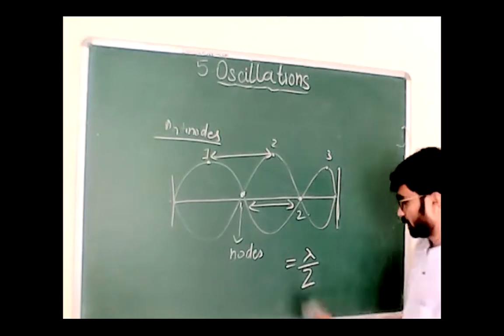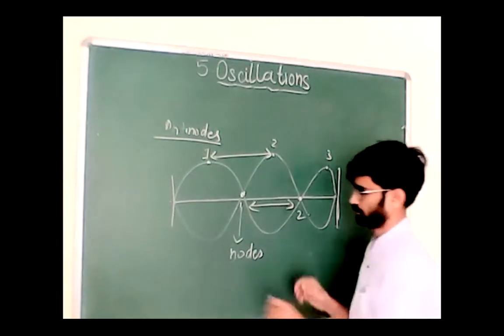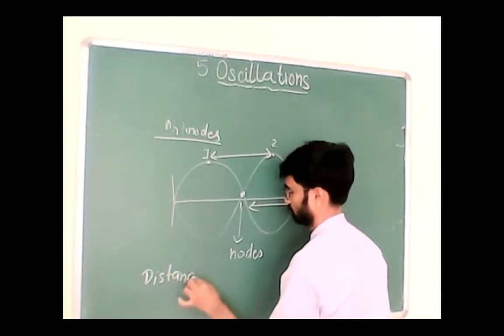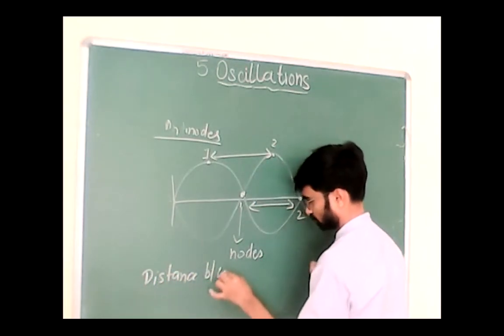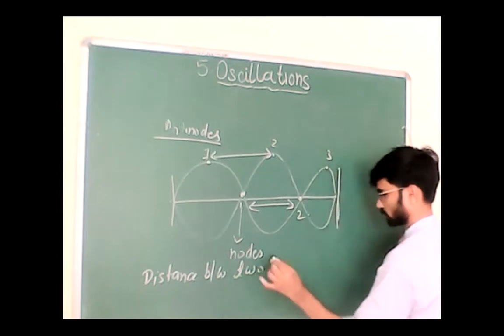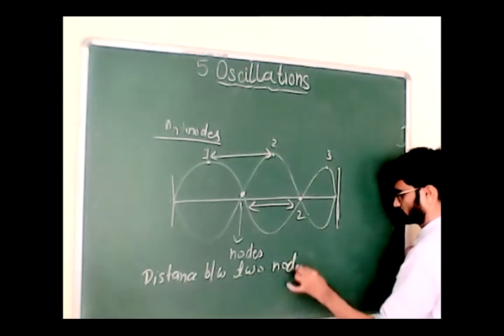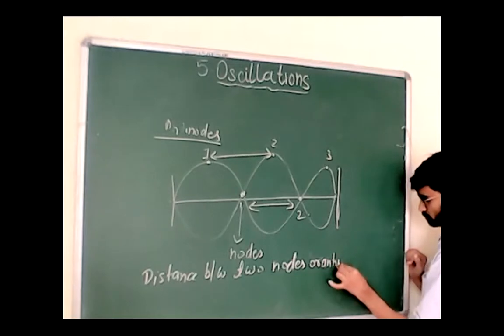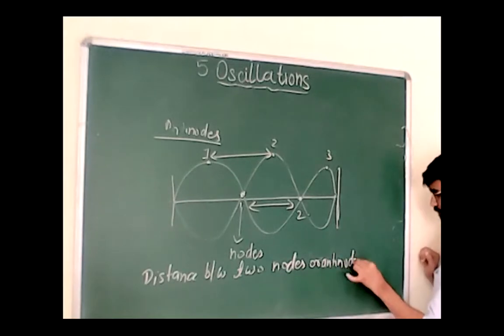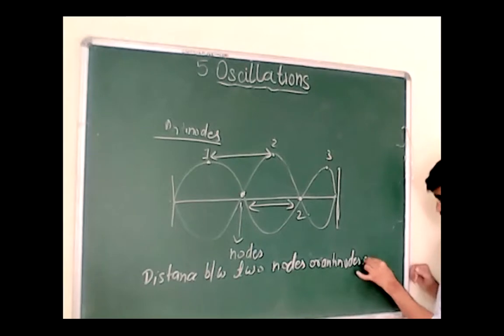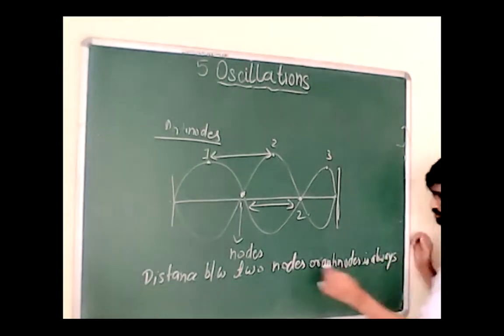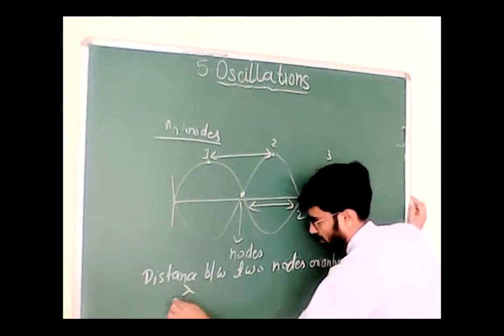So write it down: distance between two nodes or antinodes is always lambda by 2.